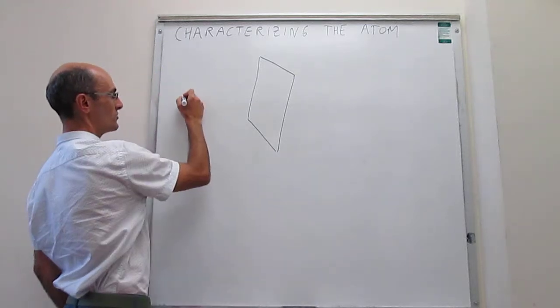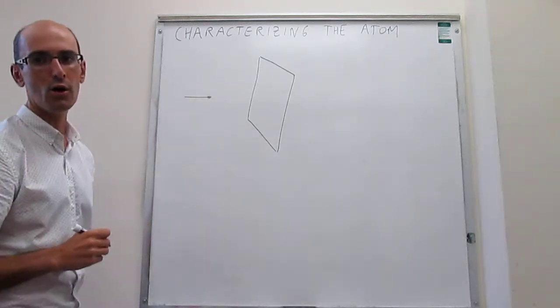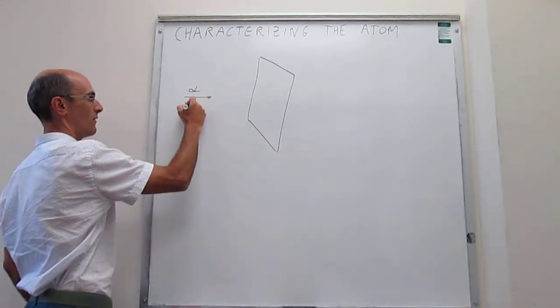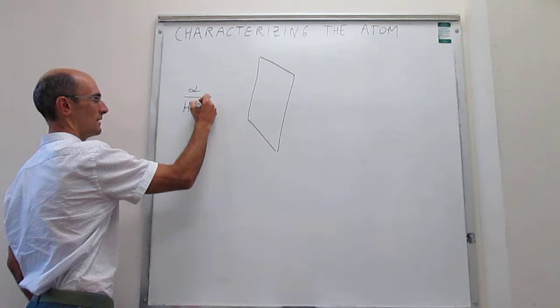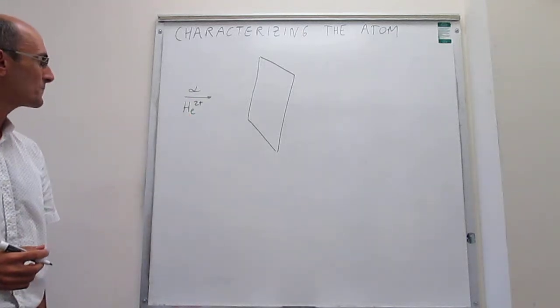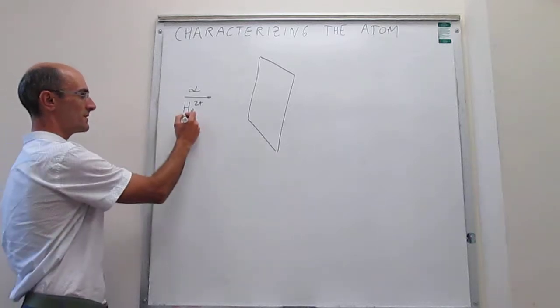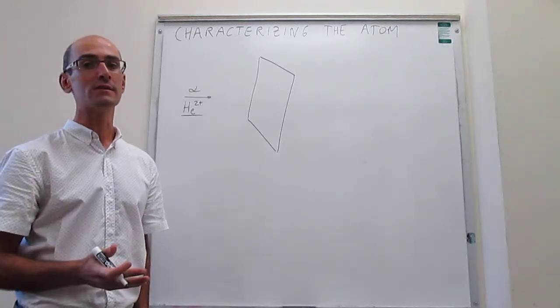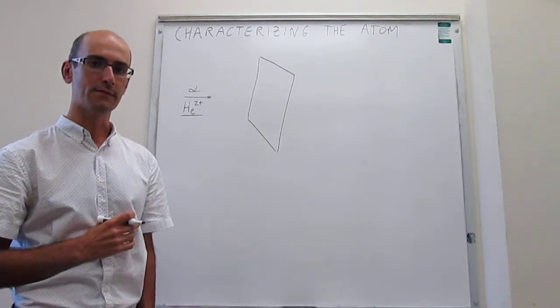Here you're going to shine a beam of alpha particles, which later on we found out were helium-2 plus ions. Something interesting is that the mass of a helium-2 plus ion is about 7,000 times larger than the mass of an electron.